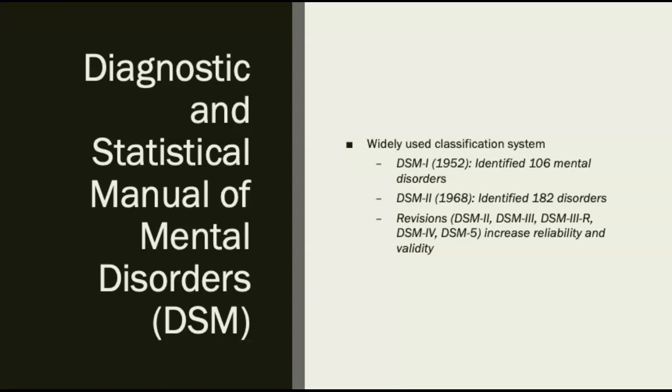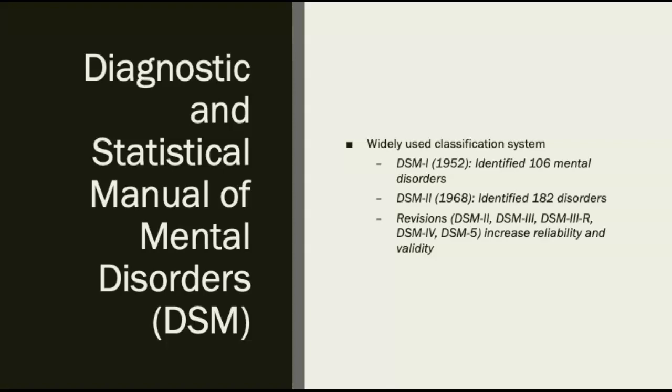The second edition came out then in 1968 with just under 80 additional mental health disorders. And then there was the third, 3R, and the fourth editions and revisions. And currently, the most recent edition is the DSM-5.